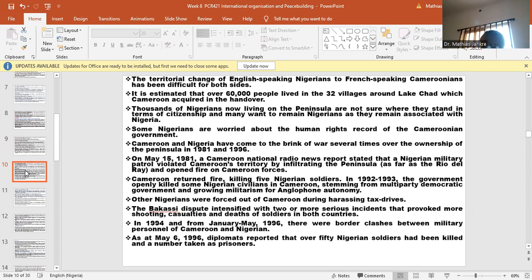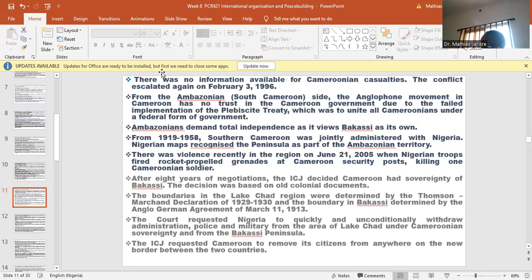From January to May 1996, there were border clashes between military personnel of Cameroon and Nigeria. As of May 6, 1996, diplomats reported that over 15 Nigerian soldiers had been killed and a number of them taken prisoner. There was no information available on Cameroon casualties.